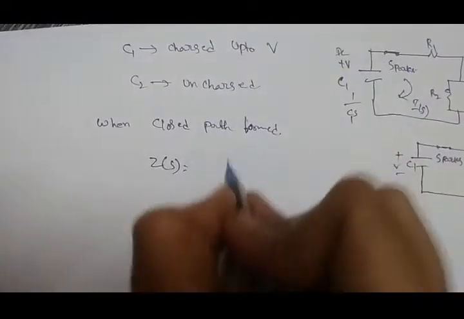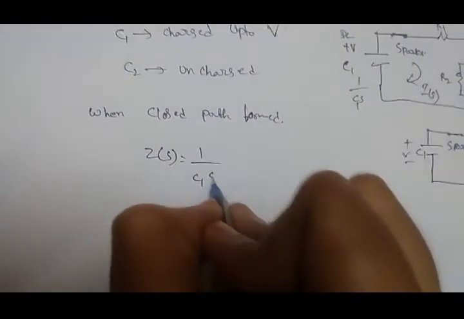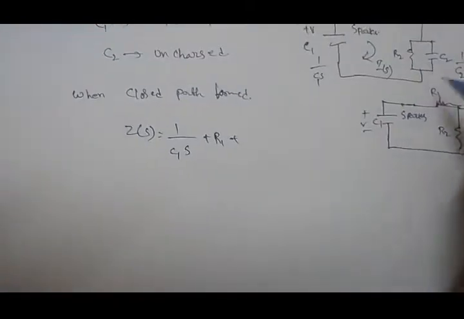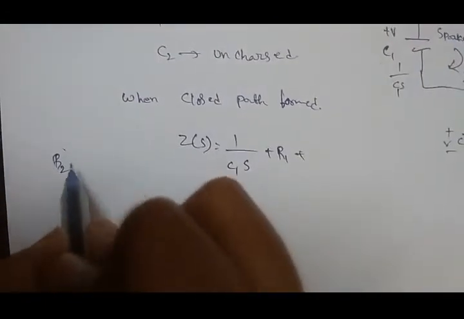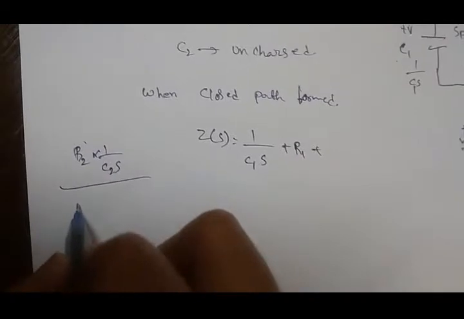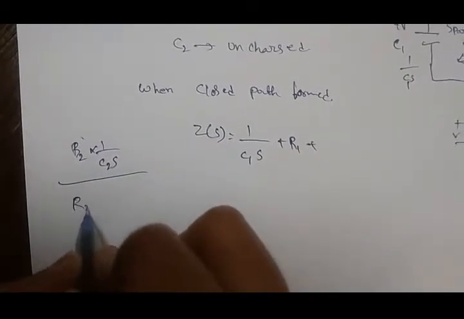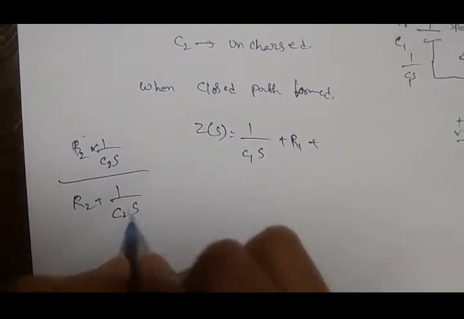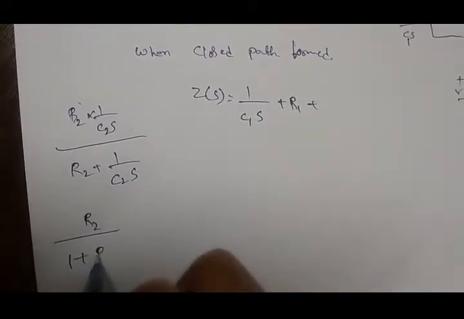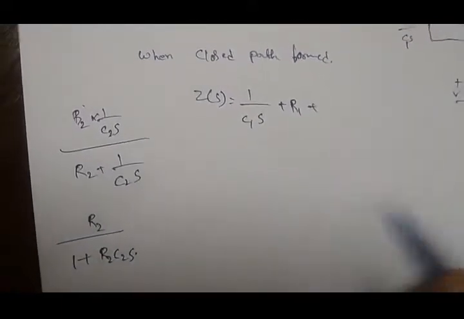These two are in series, so 1 divided by C1 S plus R1, and this will be your parallel combination. The parallel combination is R2 into 1 divided by C2 S, divided by R2 plus 1 divided by C2 S.